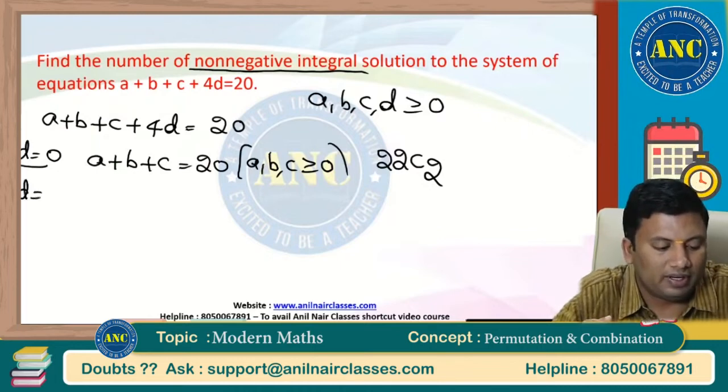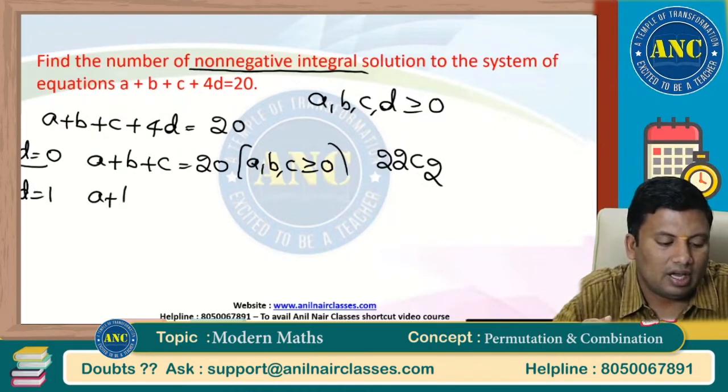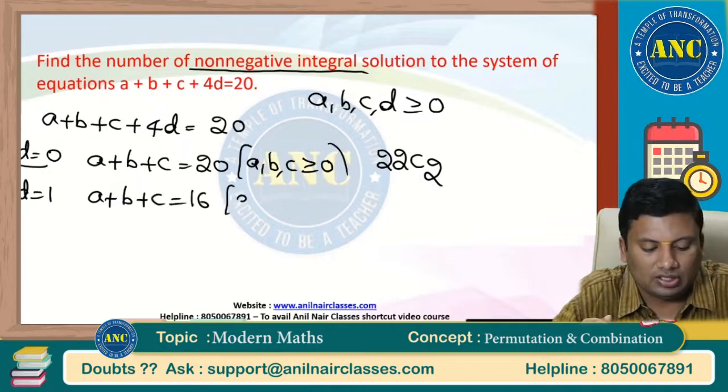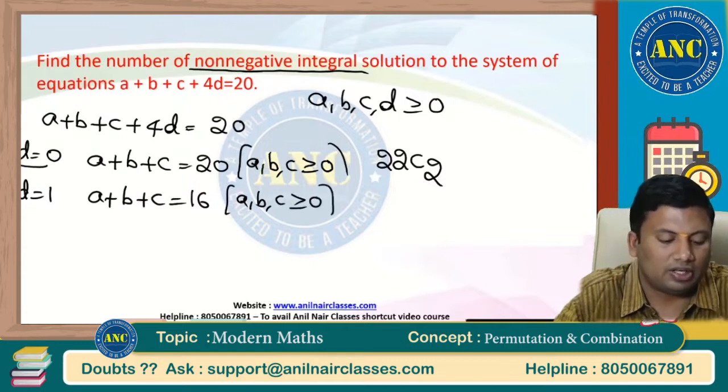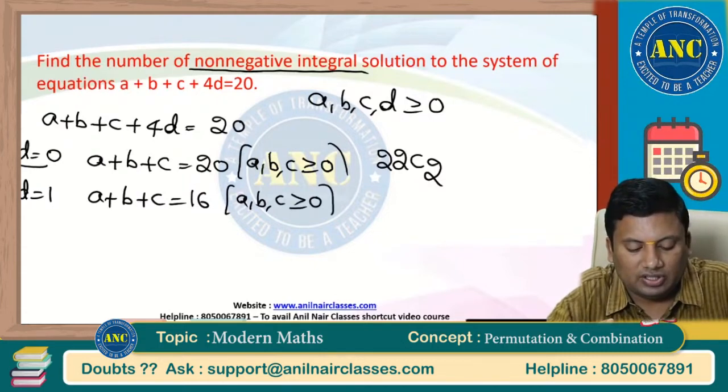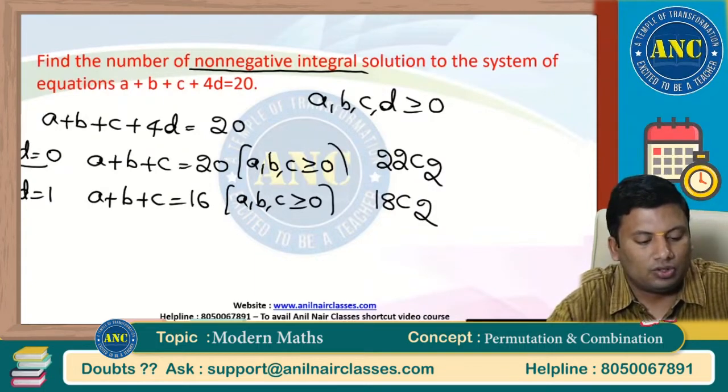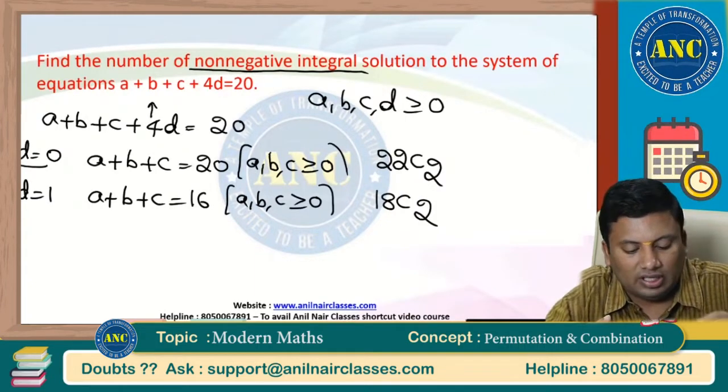If D is 1, A plus B plus C is 16. A, B, C greater than or equal to 0, 16 plus 3, 19, and the answer is 18C2. You don't need to redo this because the coefficient is 4.